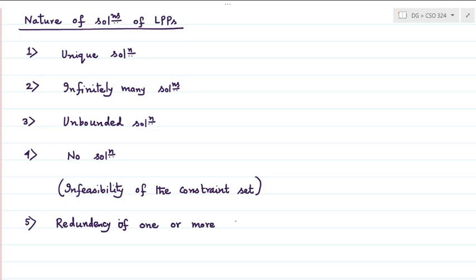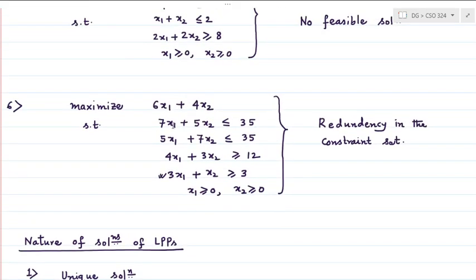One or more inequalities or equalities, that is called a constraint. Any particular equality or inequality in a linear programming problem is referred to as a constraint. So for instance, for this problem, how many constraints are there? First constraint, then second, third, fourth, fifth, and sixth.